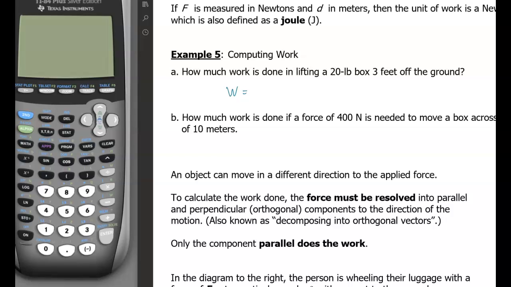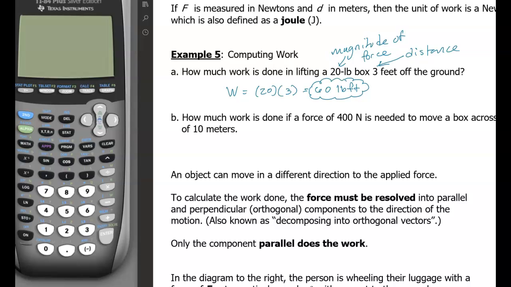You just multiply the magnitude of the force, which is 20, times the magnitude of the distance. So just the distance. And what do you get? 60 pound-feet is our work.